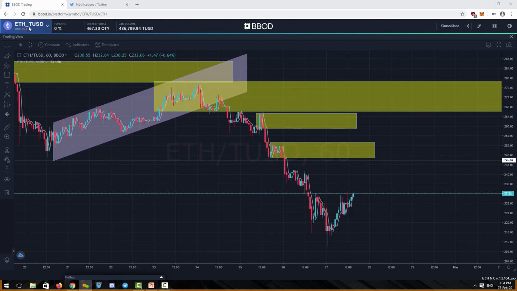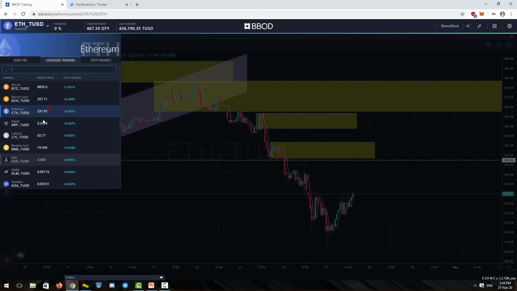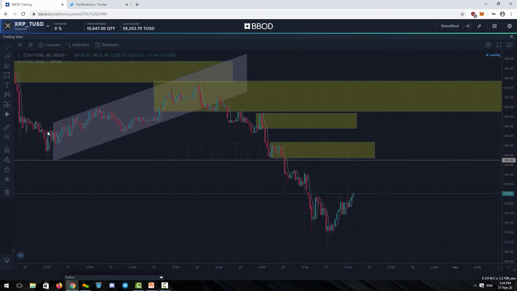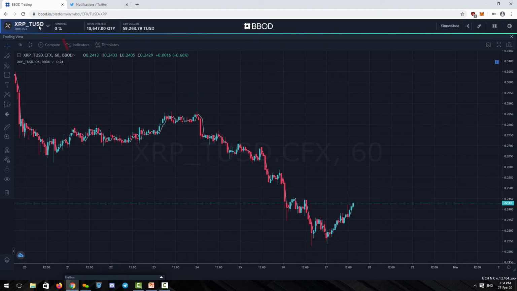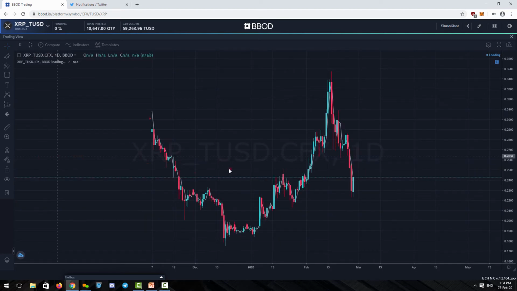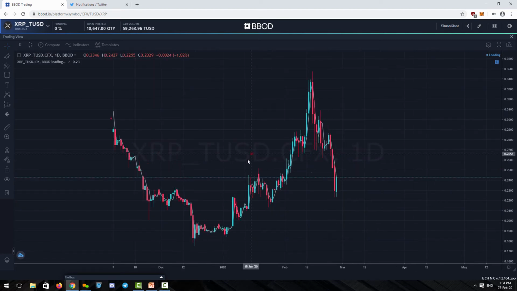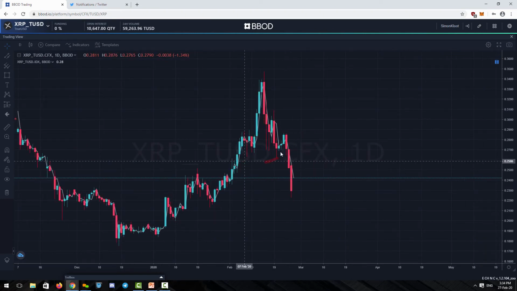Right, let's have a look at Ripple. Here we go, Ripple. Going to have a look at the daily to start off with. There's not that much data here for me to go on the daily, but if you see, this is a V return.